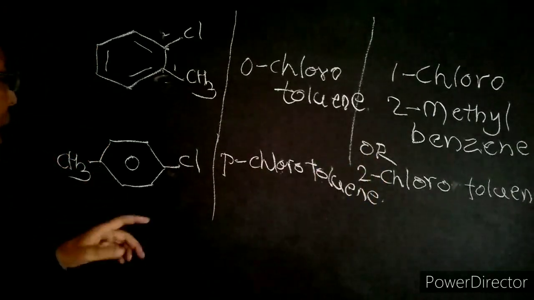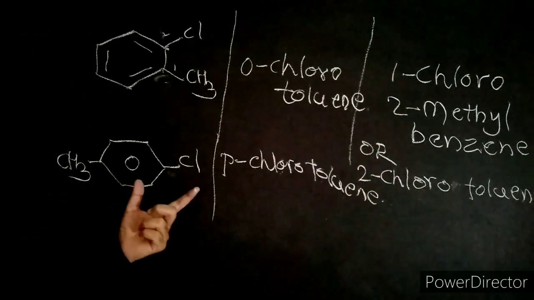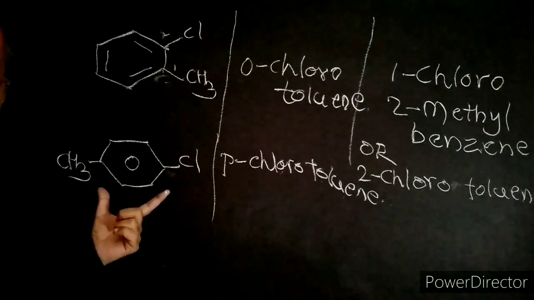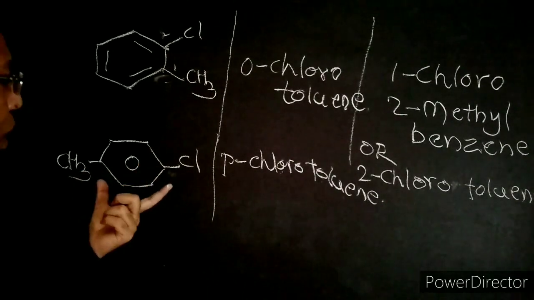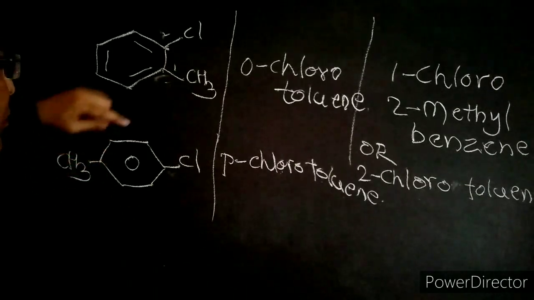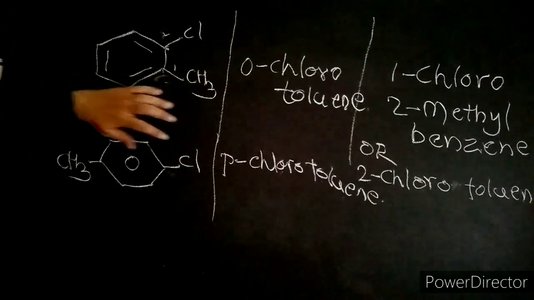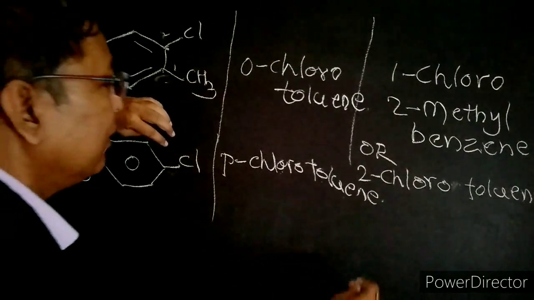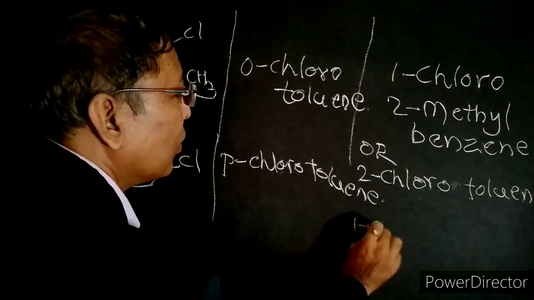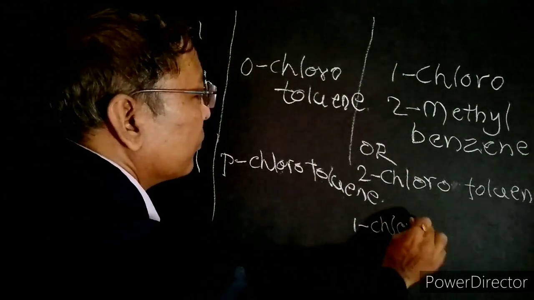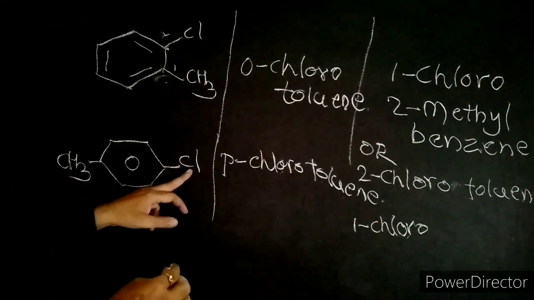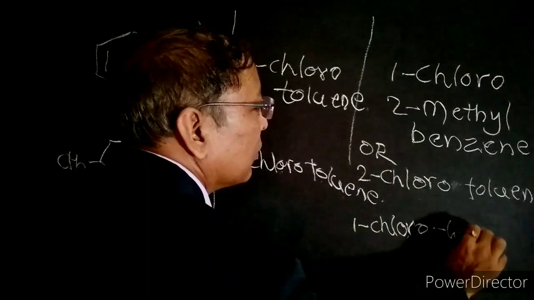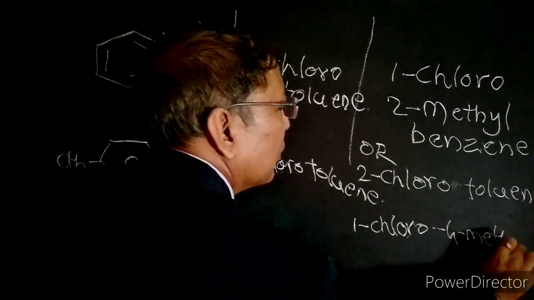And for the IUPAC name, we have two methods. If we consider chlorine and the methyl group as substituents of benzene, we have 1-chloro, this is 1, 2, 3, 4, 4-methyl benzene.